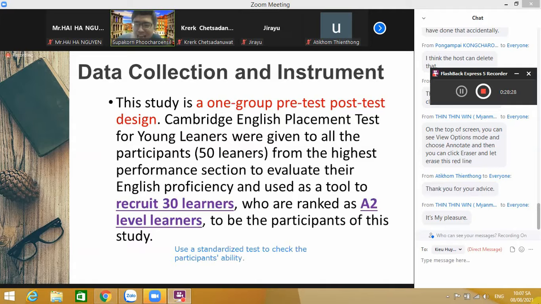But actually they are the lowest. So you have to mention something like this, to give sufficient context of your participants.